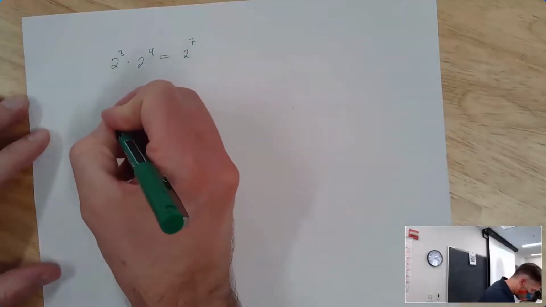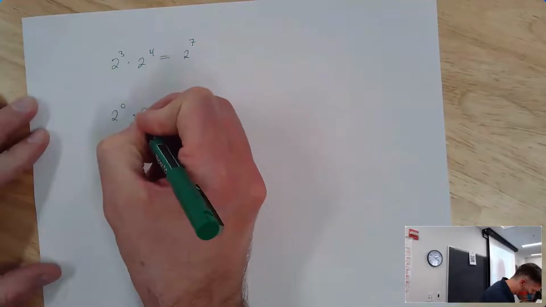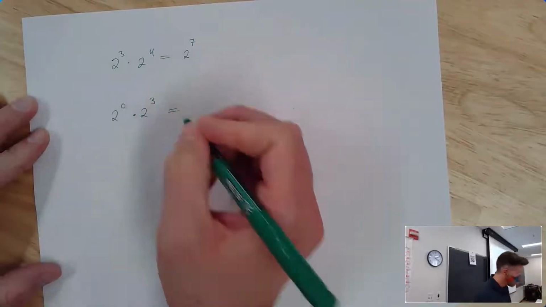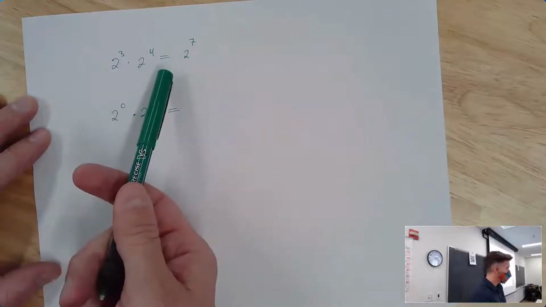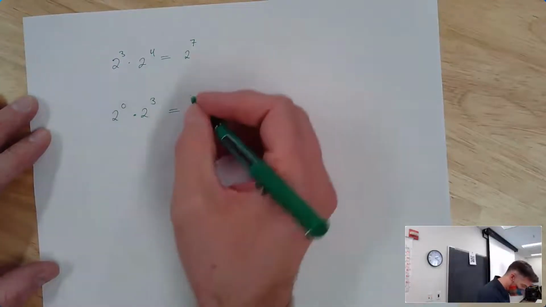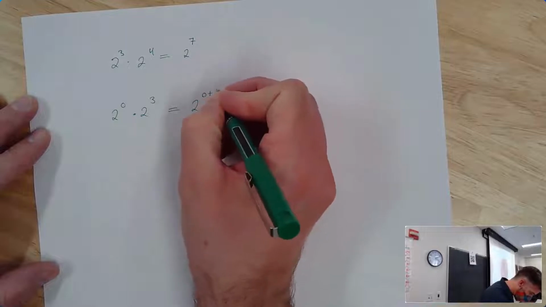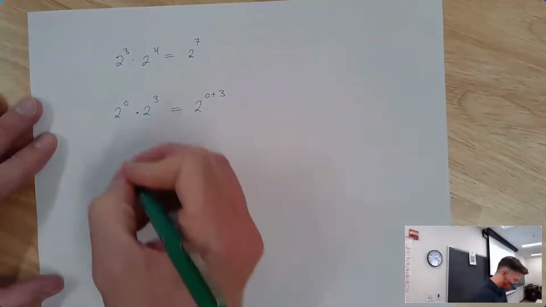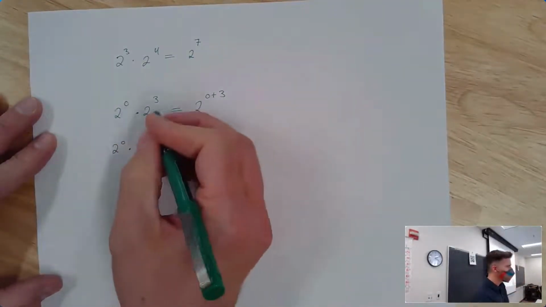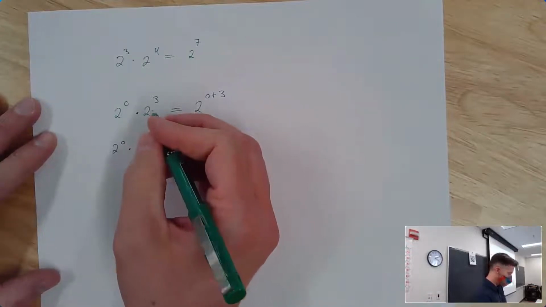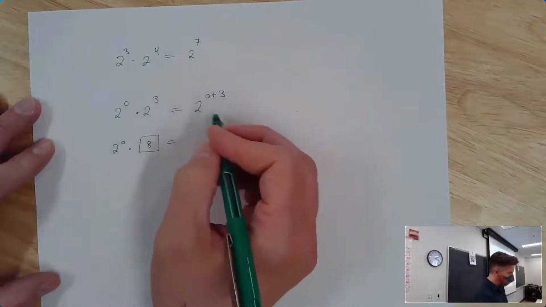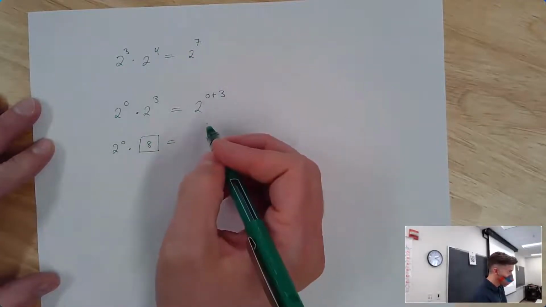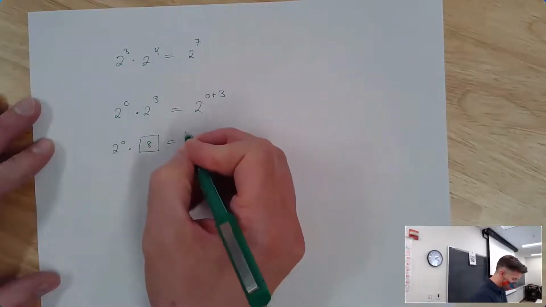Because what's 2 to the 0 times 2 cubed? Well, what do we do with the powers? Okay. So I've got 2 to the 0 times, what is 2 to the 3rd actually? Right, it's my favorite number, 8. And it's equal to, what do we have over here? Also 8.